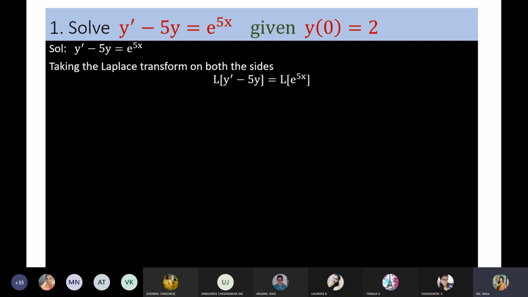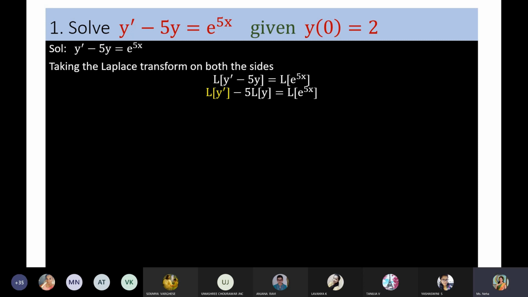Now separate the Laplace transformation on the left hand side. So you will get L of y dash minus 5 L of y is equal to L of e to the power 5x. Now what is L of y dash? Just now we have done the first derivative.